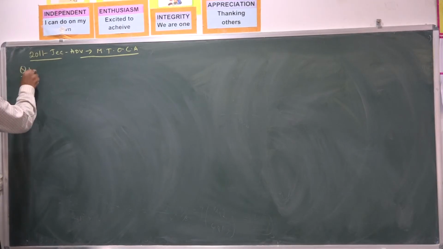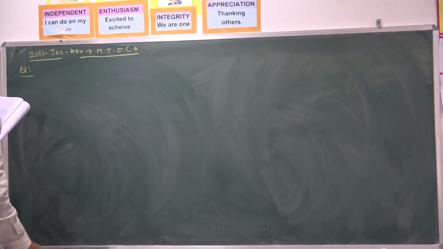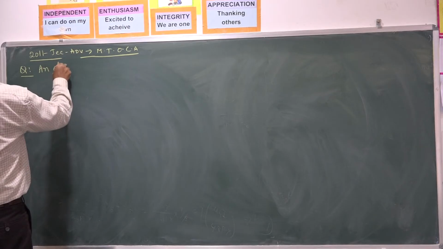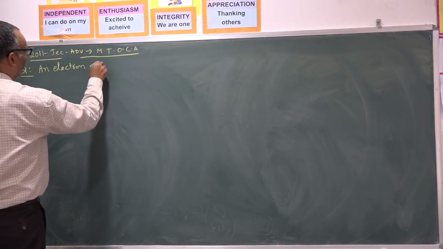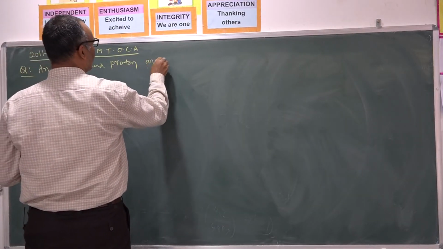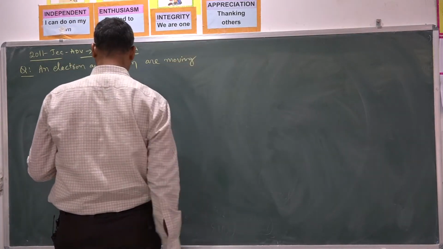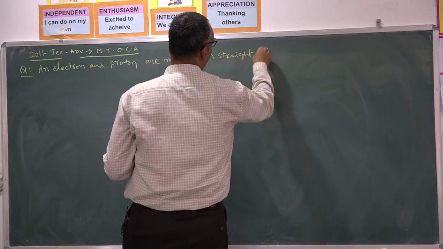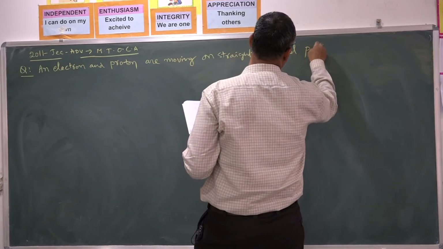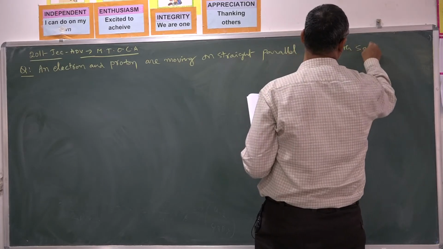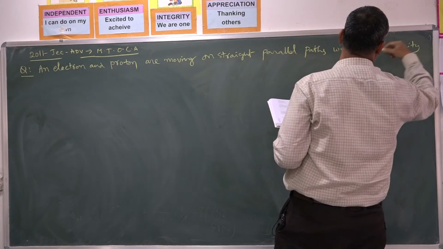So, the question says an electron and a proton are moving on straight parallel paths with same velocity.